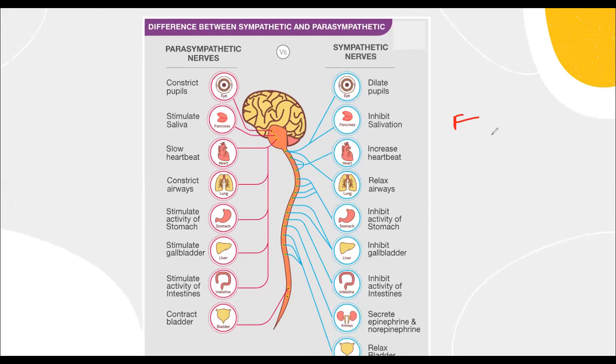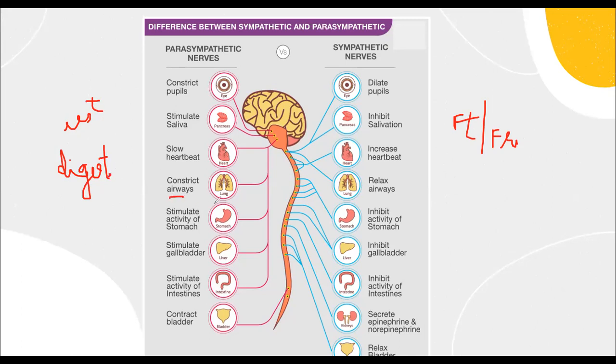Fight or fright, yes, F and F you can say. And here mostly it is relaxed, rest or digest, for digestive purposes. So those nerves will be involved in these activities. Okay, so you can make a difference between the two.